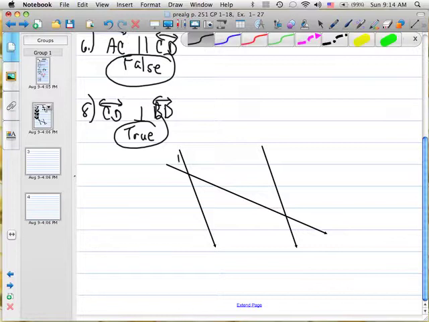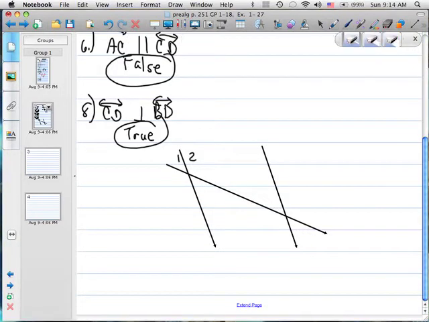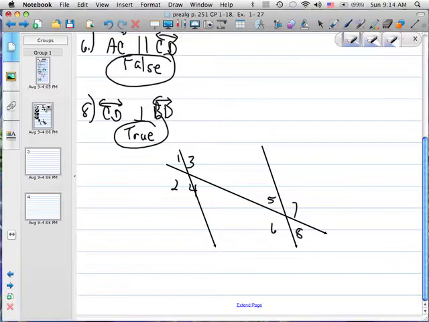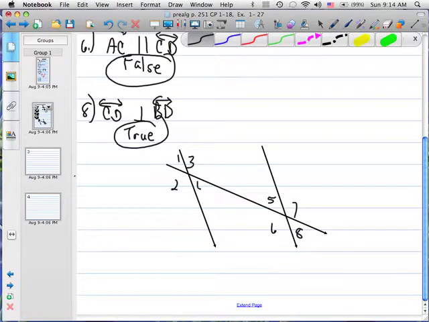This is 1, 2, that's 3. 1, 3, 2, 4, 5, 6, 7, 8. This is angle 4 here. And they tell us that the 2 lines are parallel, so all the angles are going to be equal, corresponding, alternate interior, alternate exterior. And they tell us that angle 7 is 143 degrees. So let's fill in all the other angles.